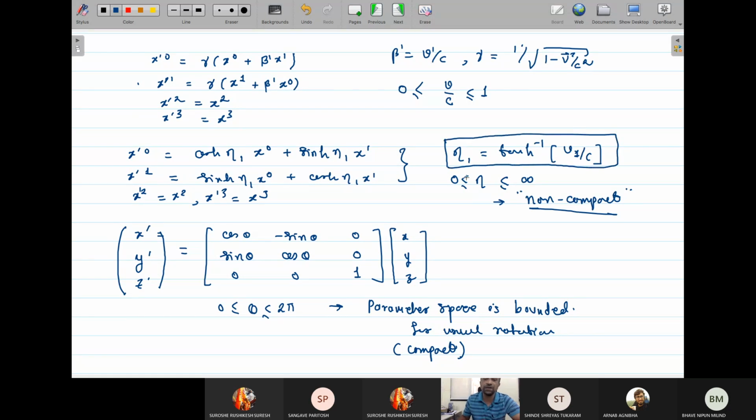Similarly, we have eta2 and eta3. Note that this eta runs from 0 to infinity because v is less than or equal to c. So we have eta1, eta2, eta3, and theta1, theta2, theta3. Those thetas represent rotations and these etas represent boosts.